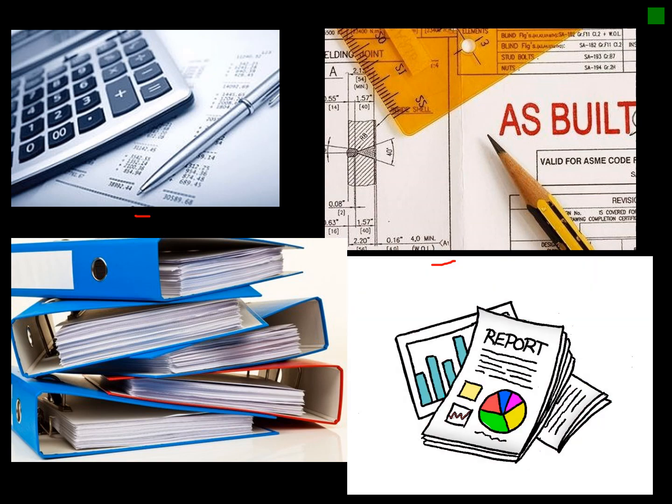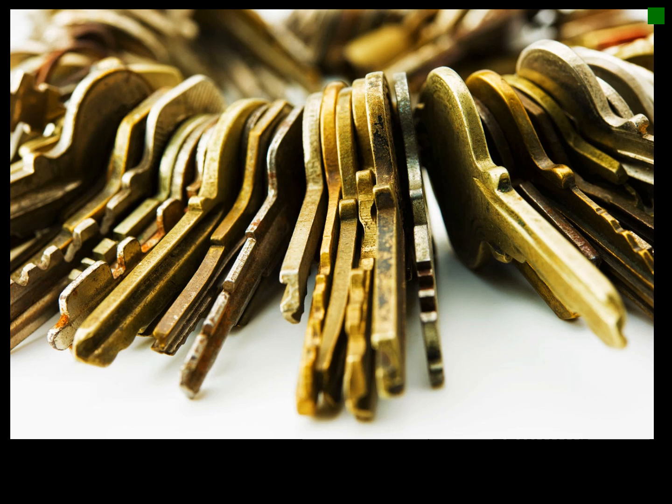And then reporting, unfortunately, we have to keep up to date. Then at the end, we give over the keys to the client. All the keys are marked for which door, and that's also quite a long process, but in the end, that's how the key is handed over to the client.